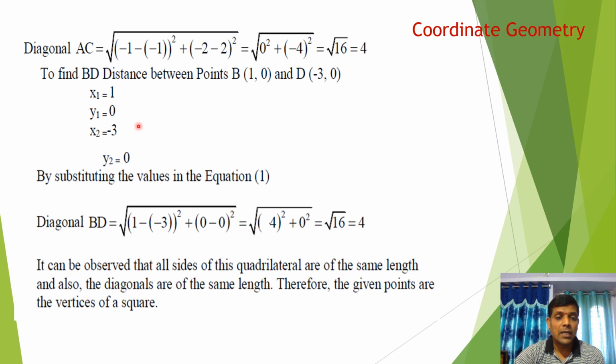So substitute the coordinates. Distance BD is equal to root of x1 minus x2, 1 minus of minus 3. So x1 minus x2 whole square is written as 1 minus of minus 3 whole square plus y1 minus y2, means 0 minus 0 whole square. Now next step, root over 1 minus of minus 3 written as plus 3 whole square plus 0 minus 0, minus 0 written as 0.